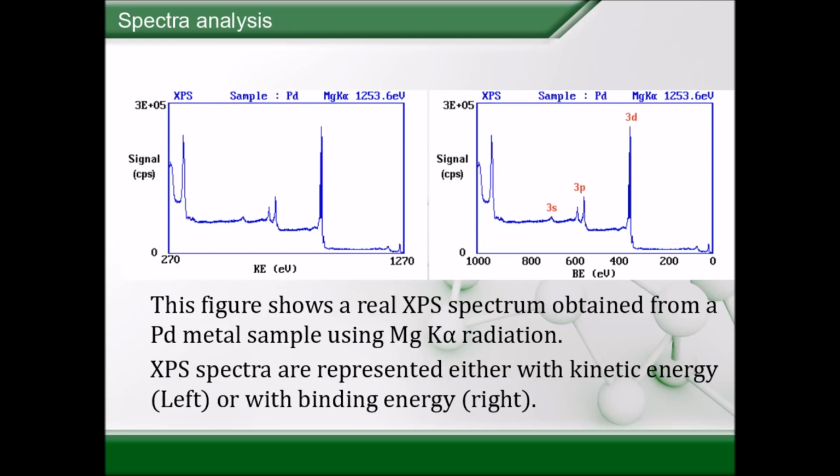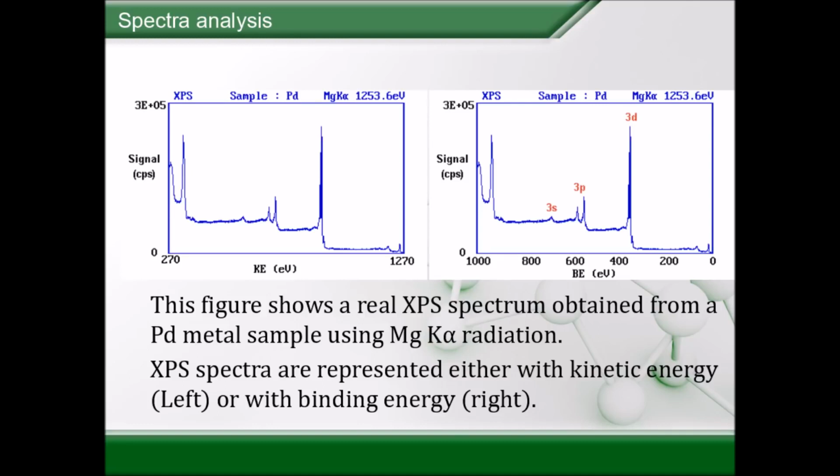The next peak is the most intense peak in here, and it is at a binding energy of around 330 electron volts. This peak is due to emission from the 3d levels of the palladium atom. In addition to that, we recognize the 3p and 3s levels with peaks at around 550 electron volts and 670 electron volts respectively.